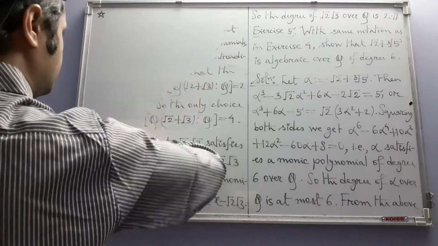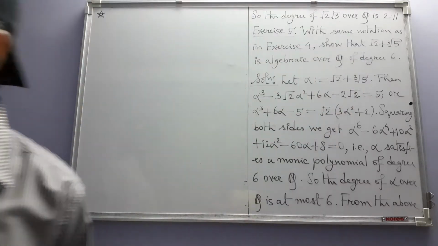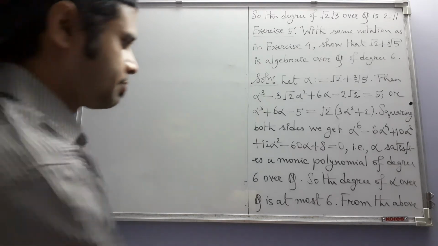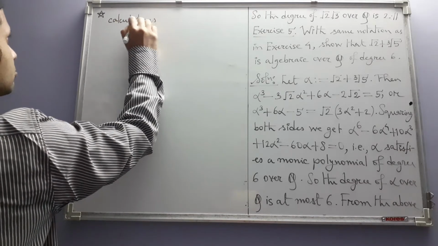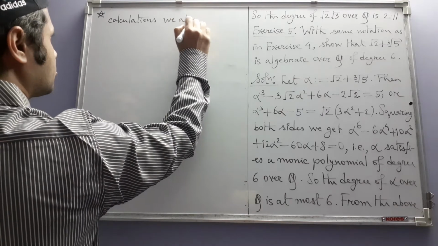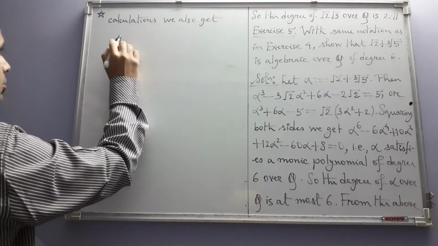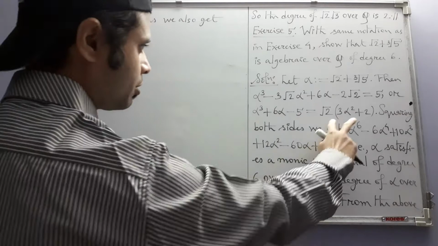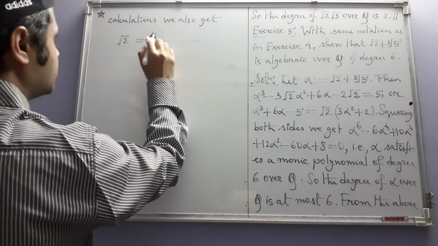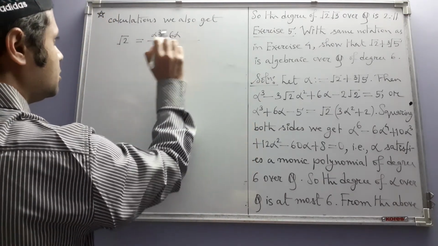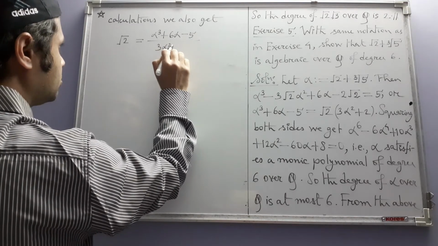we also get something else. We also get this thing: square root of 2 from here is equal to alpha cube plus 6 alpha minus 5 divided by 3 alpha square plus 2.